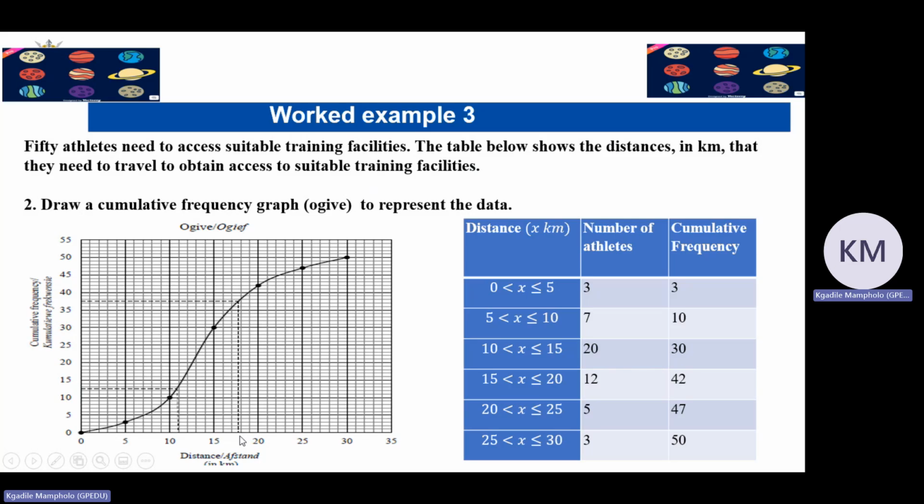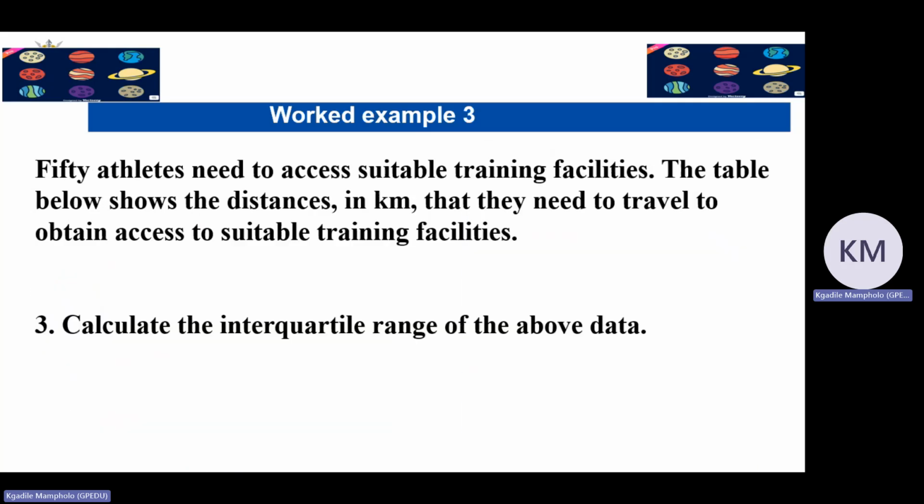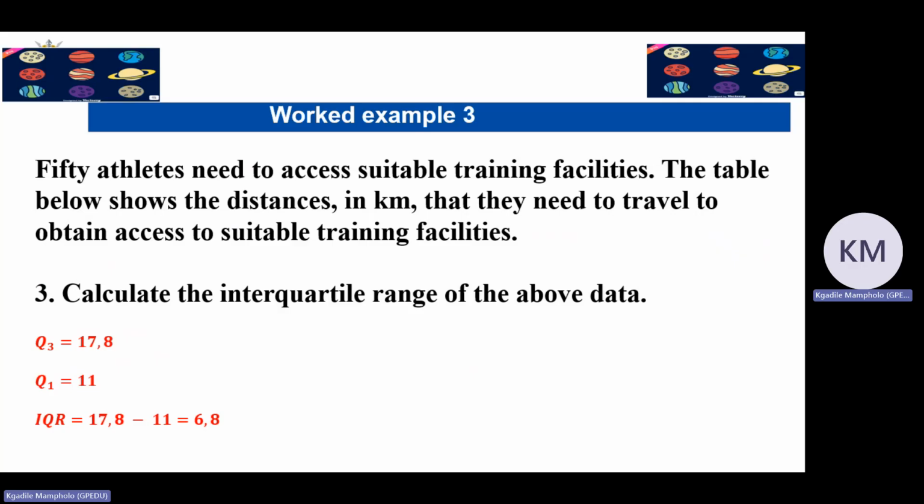Remember, in an ogive, we don't find the exact values. We talk about the estimated values. If instead of 11 you got 10 or 12, it will be accepted because these are estimated values. Even that one of 17, it can be 16 or 18. Then the interquartile range will be Q3, which is 17, minus Q1, which is 11.